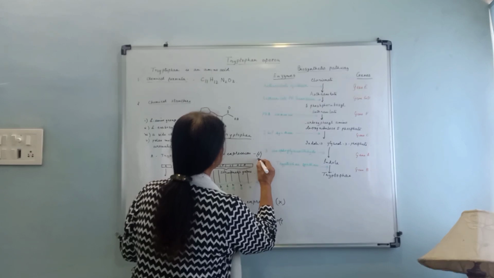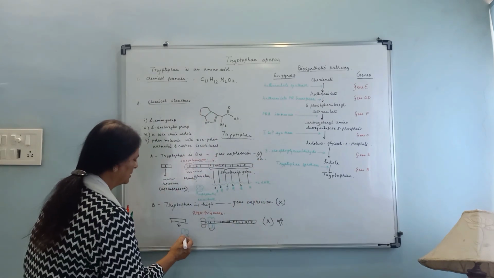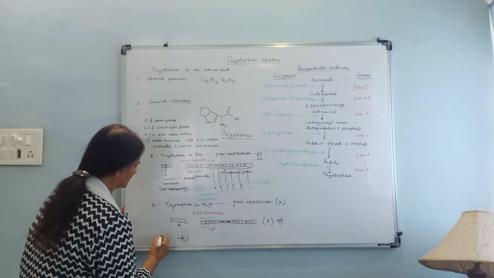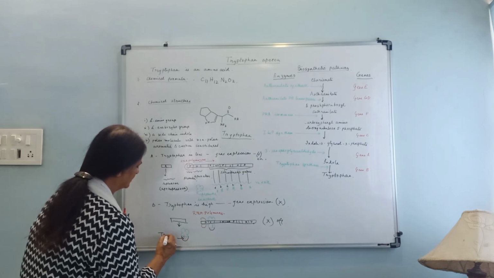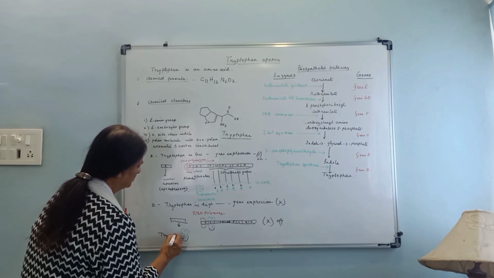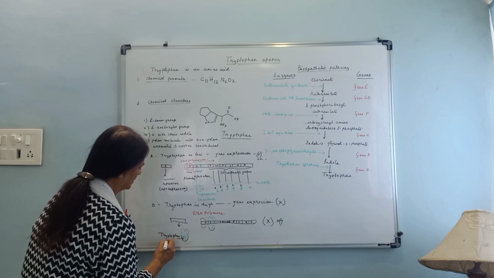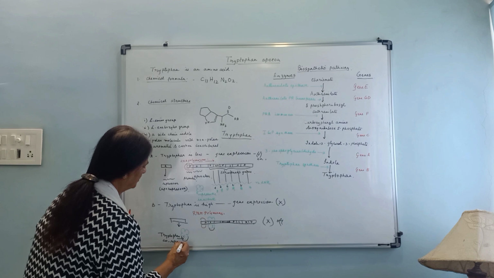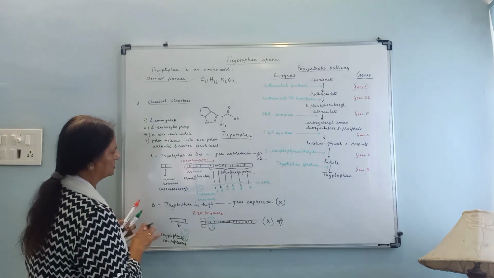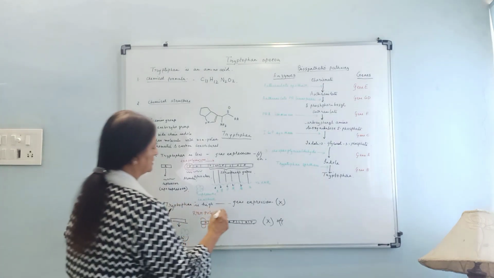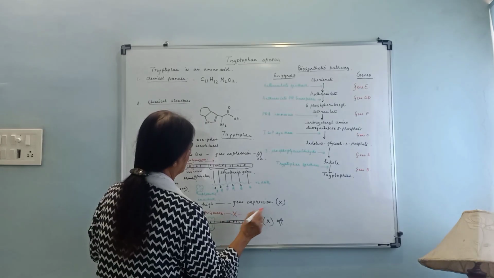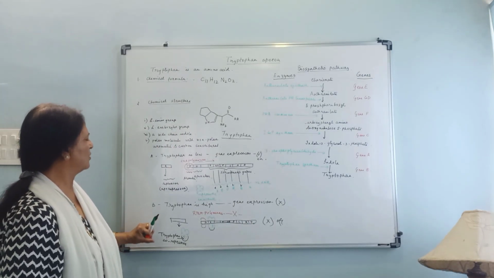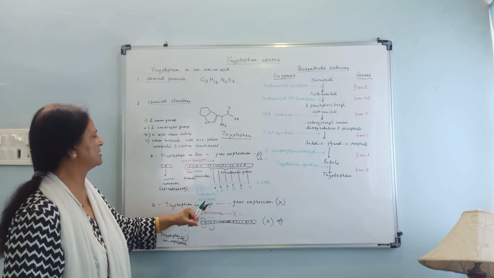No further synthesis of tryptophan occurs. Here the tryptophan itself is acting as a co-repressor. Tryptophan is the co-repressor, and this co-repressor aporepressor complex then shuts off the gene expression, and no more tryptophan is produced because the level of the tryptophan is high.